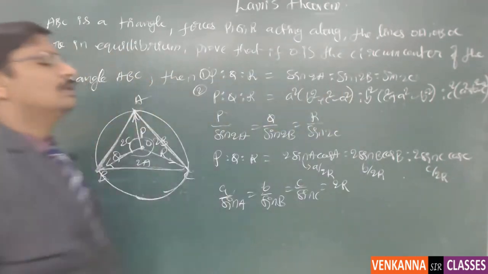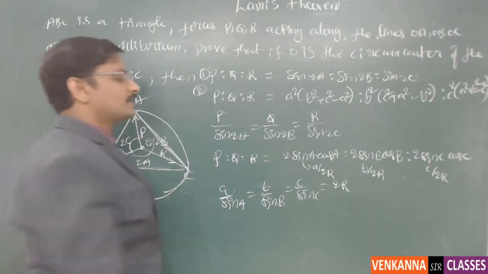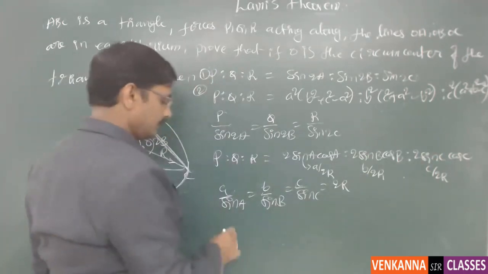Now the 2 and 2R will be constants, and then you can cancel them out because they are present in the entire thing.